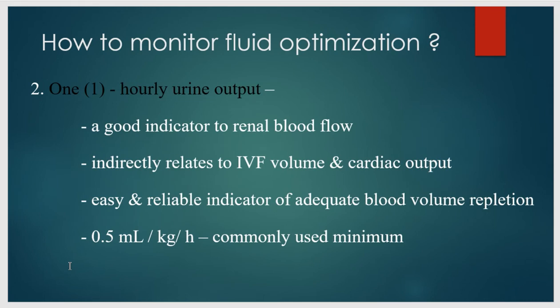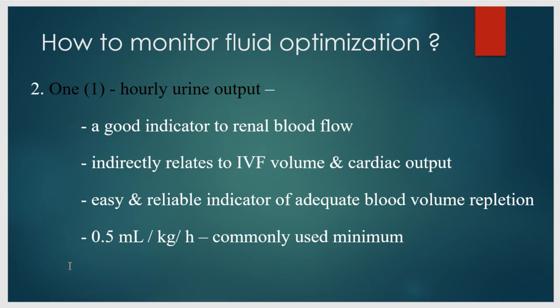Another method of assessing the fluid optimization is urine output, 1 hourly urine output. It's a good indicator of renal blood flow, indirectly relates to intravascular fluid volume and cardiac output. It's an easy and reliable indicator of adequate blood volume repletion.